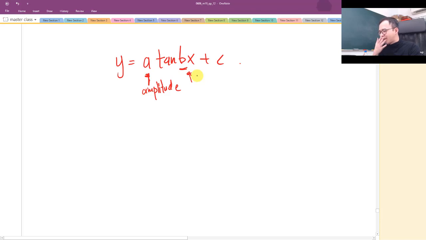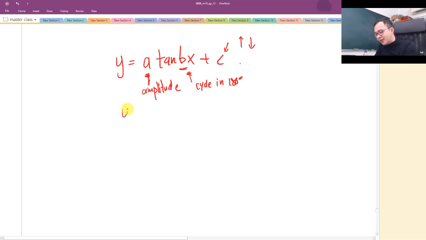B is like the number of cycles in 180 degrees for tangent. For sine and cos, it is how many cycles you have in 360 degrees. C is how many units the whole graph is going to shift up and down.